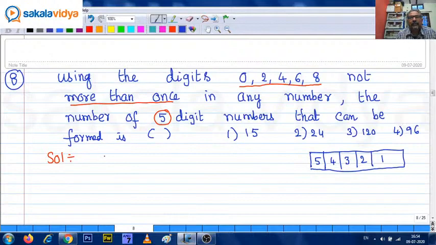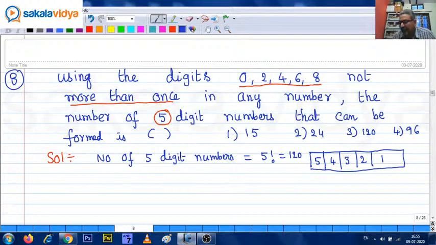So that means here the number of 5-digit numbers is equal to 5 factorial, which is equal to 120. Okay, this is 5P5 or 5 factorial. But here is one condition we should remember. What is the condition?